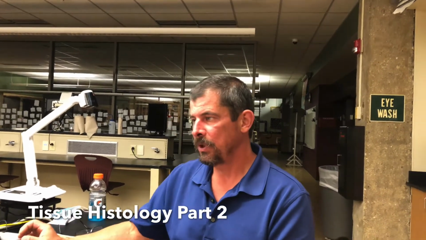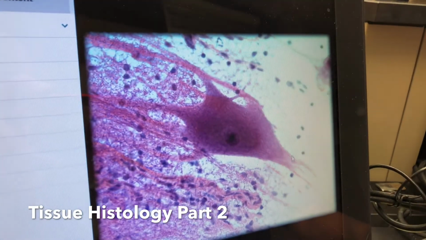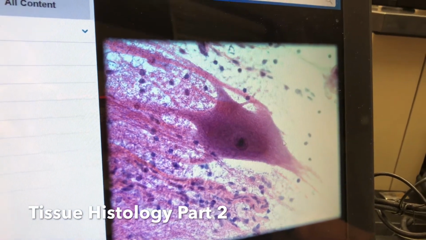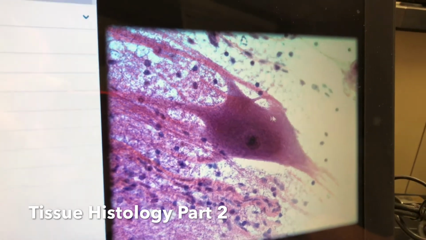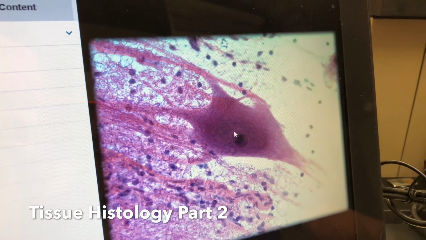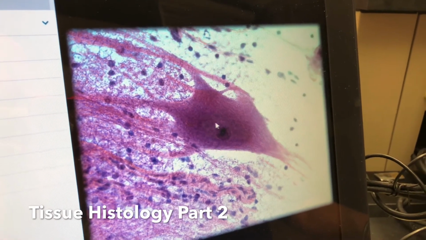So if we come up and we just look at the picture here real quick, folks, this huge cell right here, that is the neuron right there. And again, what's its job? To send and receive nerve impulses. If we look, what can we see right here? What organelle? That is the nucleus right there.